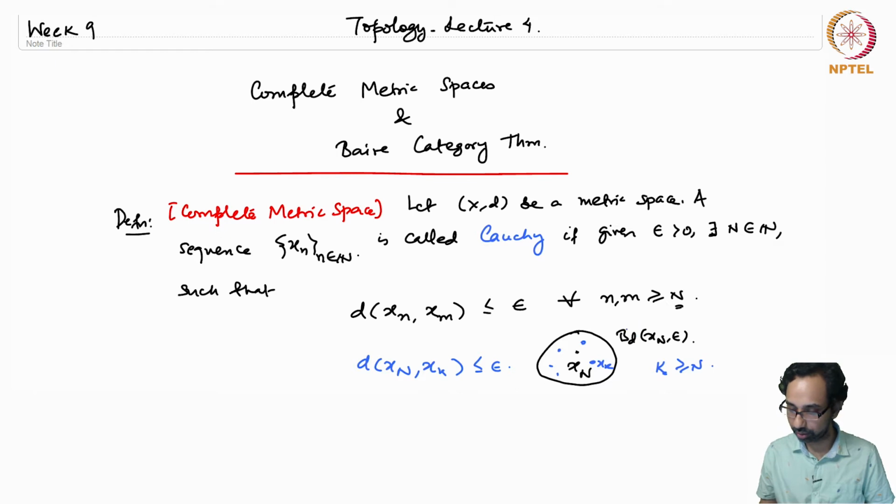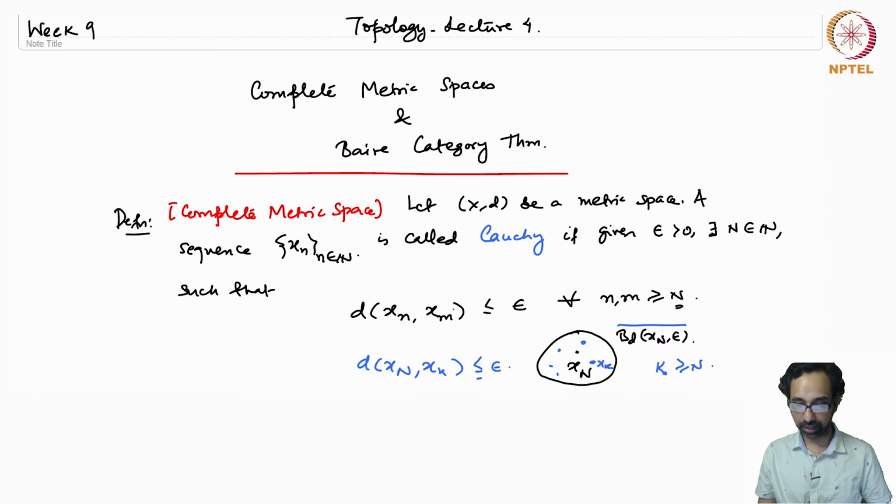So here we can have the closure as well if you want, and then the equality sign will hold. And so all these points are now clustered around this point x_N, and with the smaller value of epsilon you take, the closer and closer the tail of the sequence become to each other.